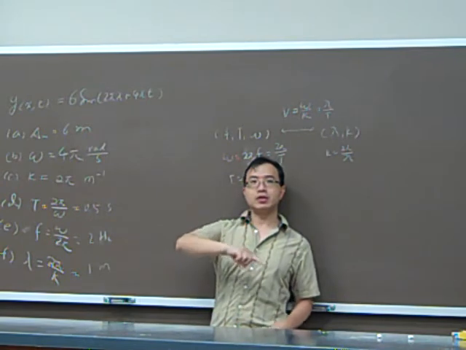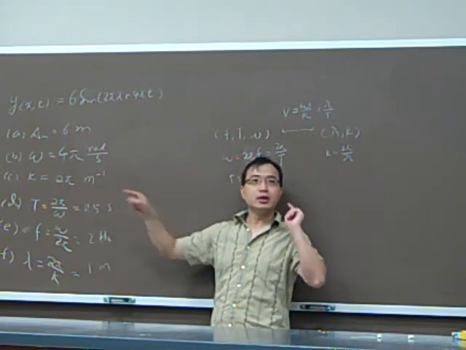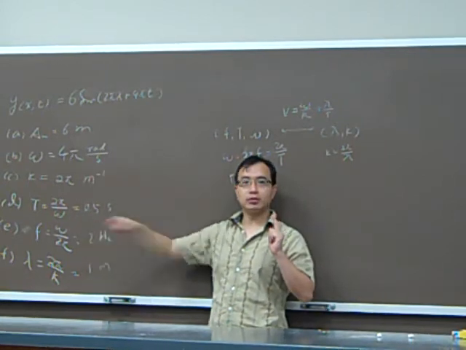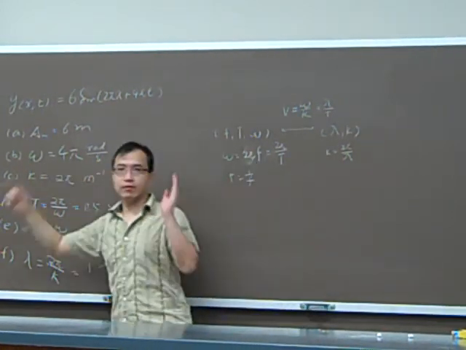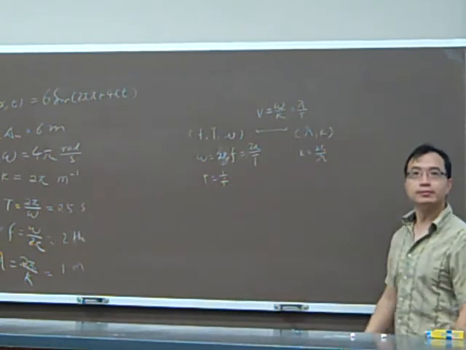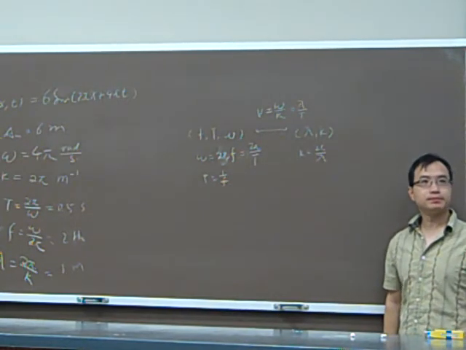So that means spatially it repeats its shape every 1 meter. So the wave, for every 1 meter, you get the same shape. Okay.